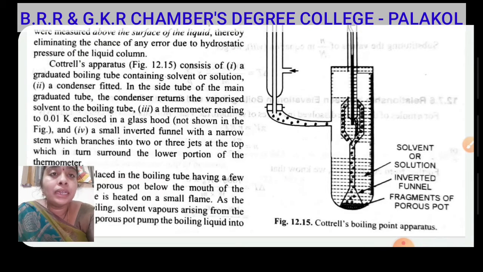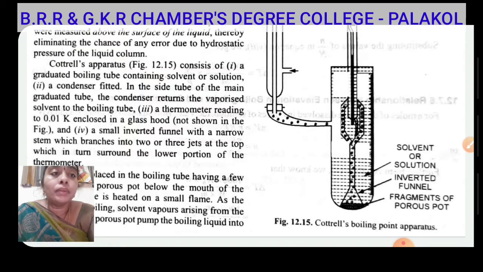The condenser is fitted inside the graduated boiling tube. The condenser's purpose is that the vapors are converted to liquid in the presence of air or water, so the solvent is again converted to liquid, and the thermometer is used to read the boiling points and note them down.